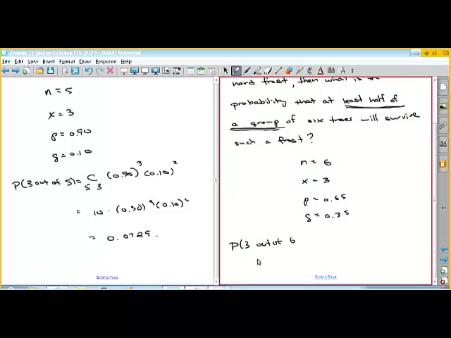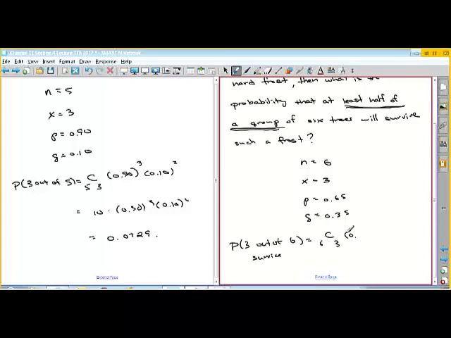So the probability of 3 out of 6 surviving, which is surviving is what do we call it now? I've forgotten the word now. Success, yeah, it's a success.